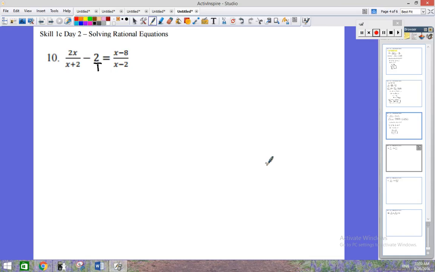Now I can look at the denominators and say, well, actually, these are different. I want to multiply all of these denominators together to have a common denominator. So this 2x over x plus 2, it's missing a factor of x minus 2.